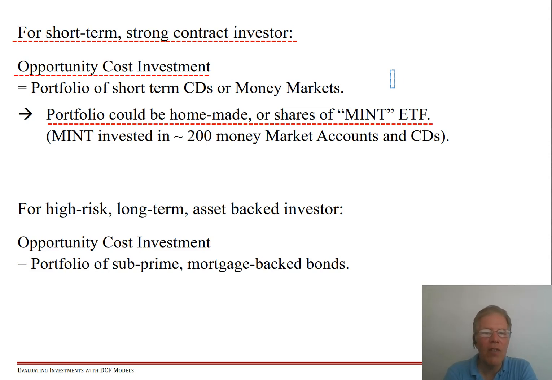All right, now let's consider our high-risk, long-term, asset-backed investor, okay? The opportunity cost investment for her is going to be a little trickier. It's going to be a portfolio of something like, for example, subprime mortgage-backed bonds, and we'll see why that's going to be a little trickier in just a second.